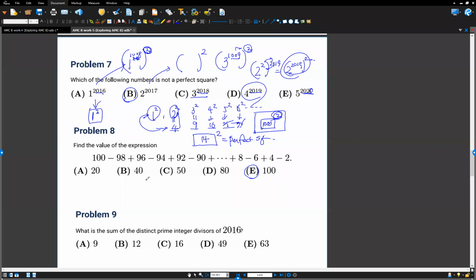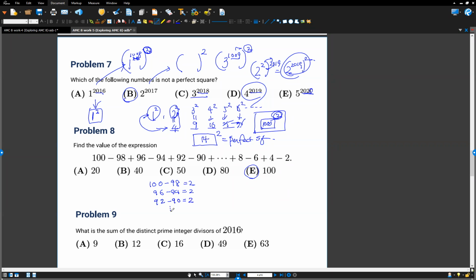Every pair, 100 minus 98, that is 2. And then 96 minus 94 is 2. There are 50 pairs, so 50 times 2. Okay, excellent. 92 minus 90.